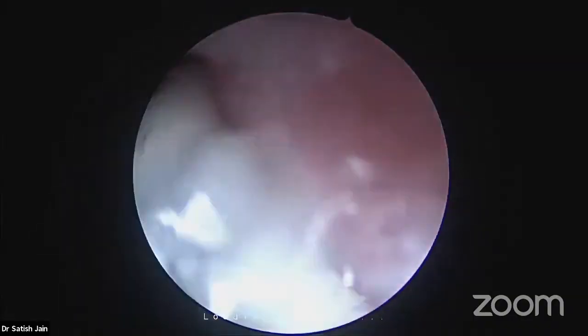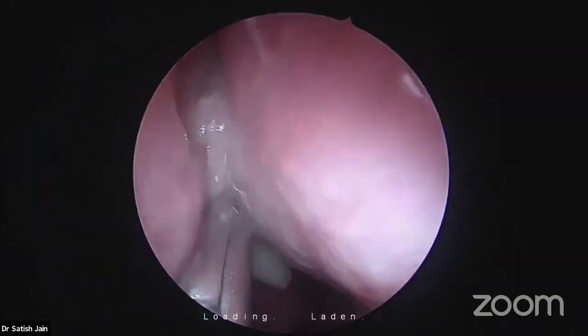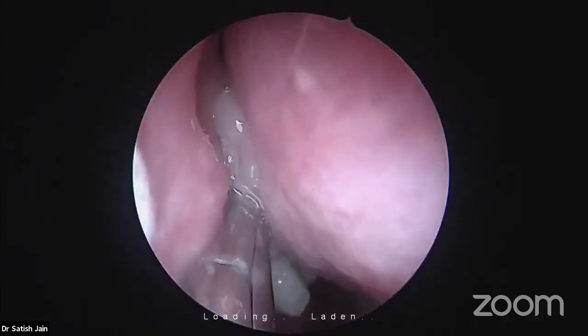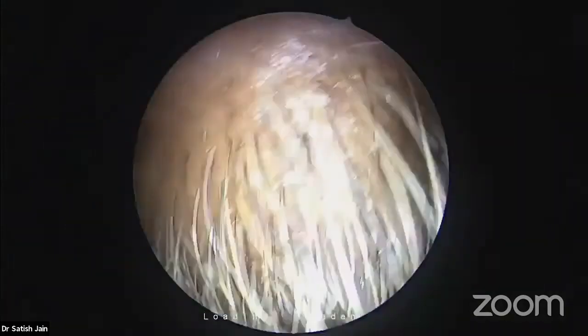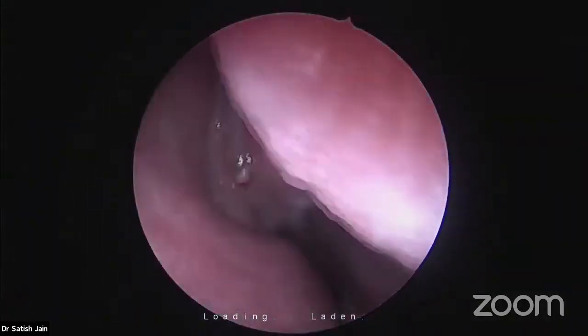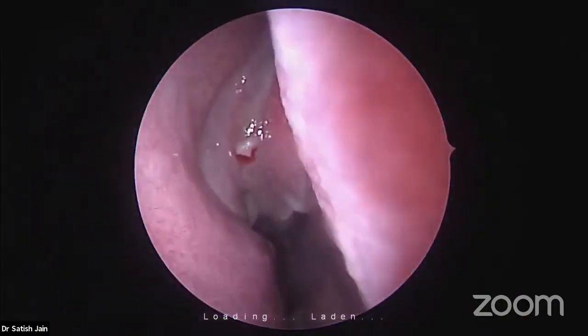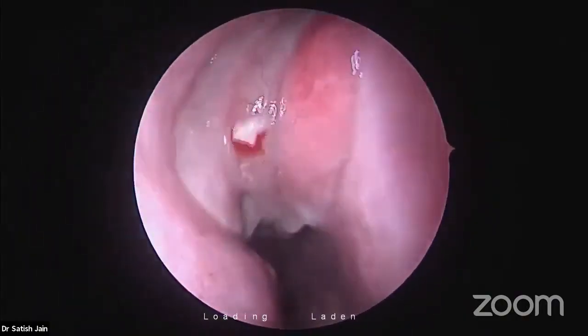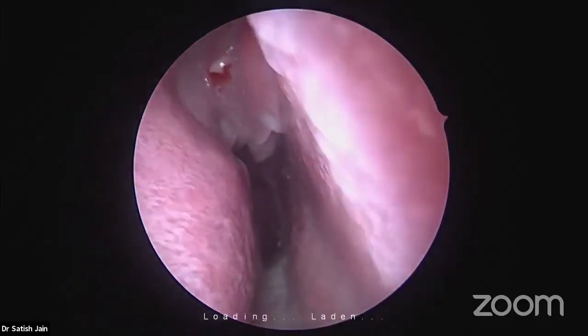Just topical application to improve the status of the mucosa and decongest the capillaries. In this surgery, the main source of bleeding is capillary, not arterial like in tumors such as angiofibromas. It is always the capillary bleeding which needs to be controlled, which is responsible for the good surgical field.